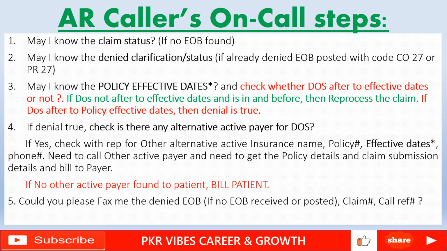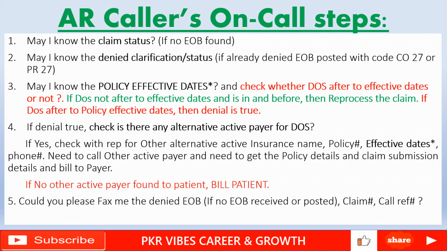The second case is, sometimes we submitted a claim to insurance and the insurance denied the claim stating PR27 or CO27. They are saying the policy is not active, or expenses were incurred after the policy coverage.